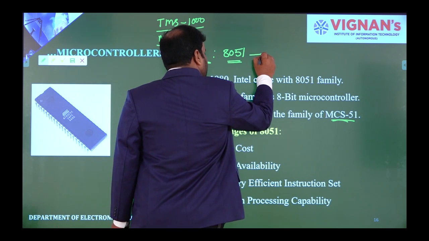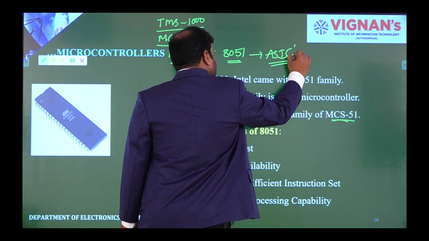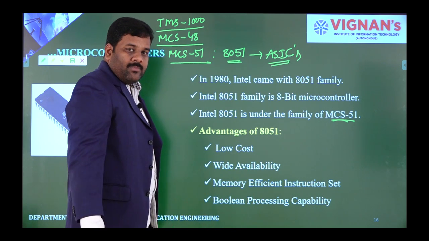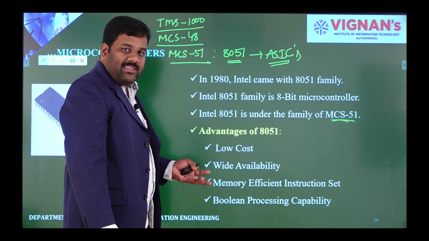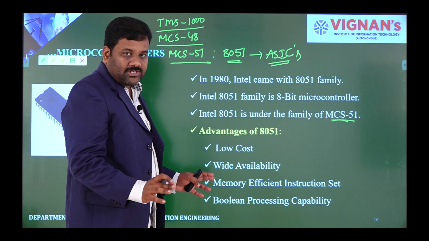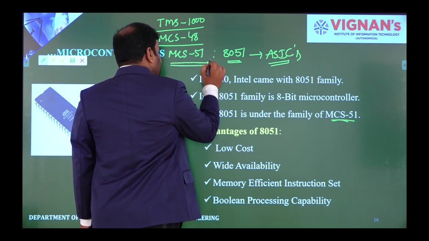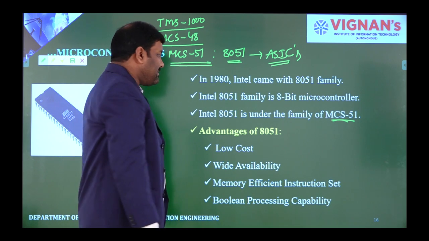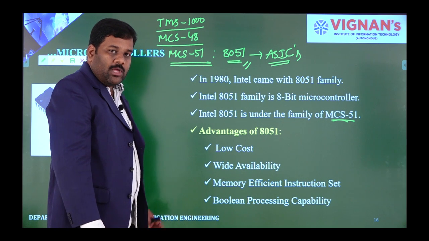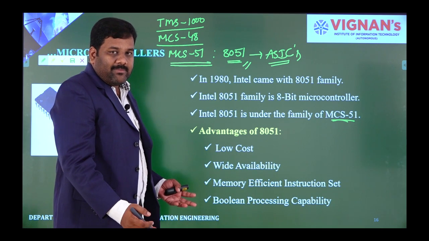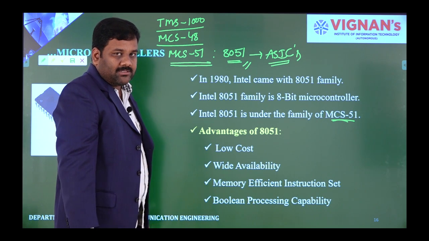With this, the first ASIC was introduced, application specific integrated circuits. Up to that extent ASICs existed, but they did not support many applications. But once MCS 51 was introduced, the 8051 gave drastic support to implement embedded systems or ASICs for several applications.